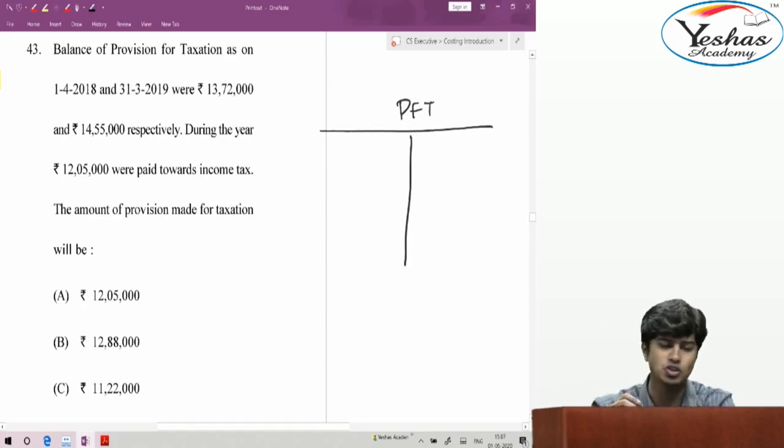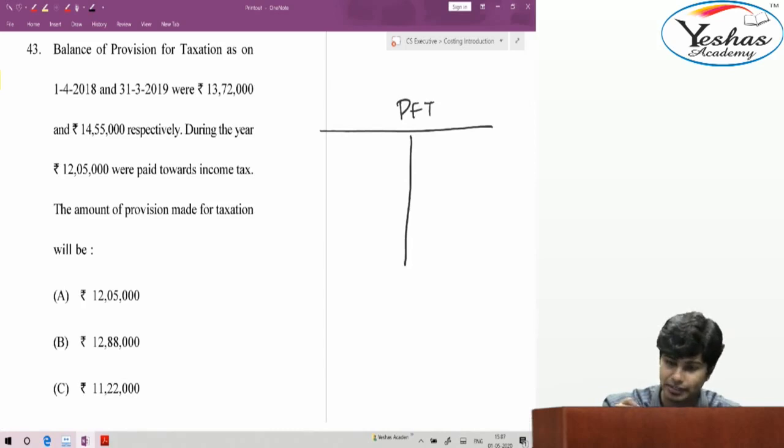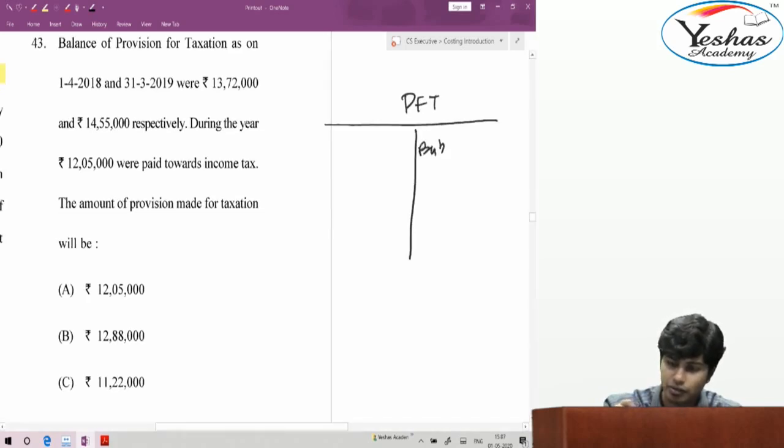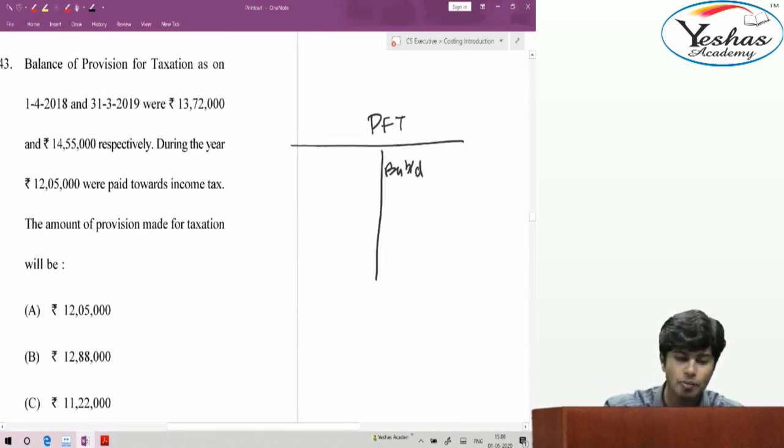So they've told the balance of provision for tax on 1st of April 18. That is opening. By balance brought down, how much is opening? 13,72,000.